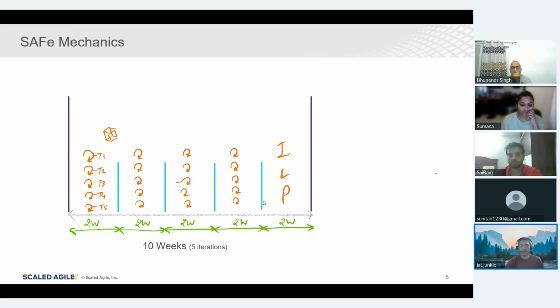Okay, so think about it. We have a product management here, right? So we have a product management, and the system demo could also be an opportunity to release to the customer.